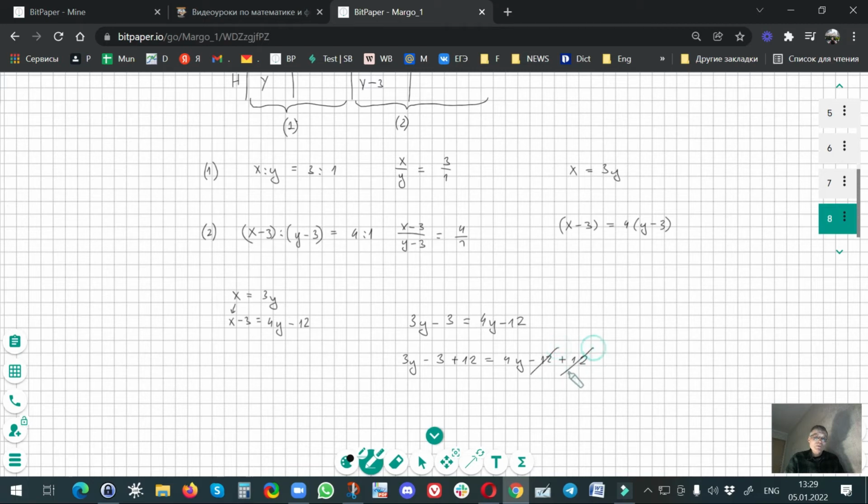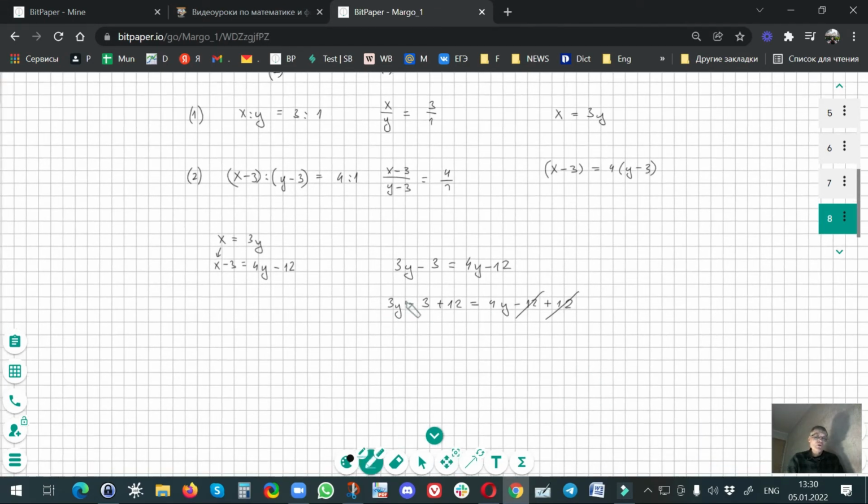And here our 12 cancels, negative 12 and positive 12 cancel each other, and now we have this. Then we do the same with 3y. We, in this case, subtract 3y from both sides of our equation. And we can also calculate 12 minus 3, it gives us 9. 4y minus 3y. Here, 3y cancel each other.